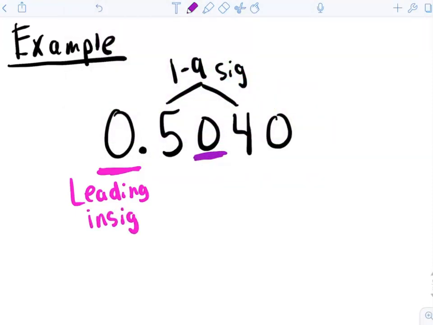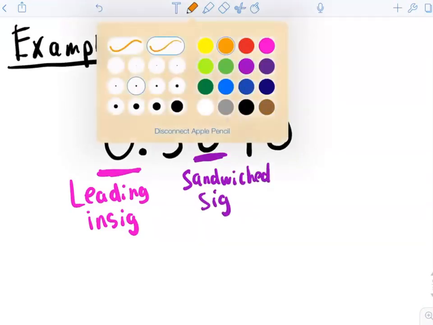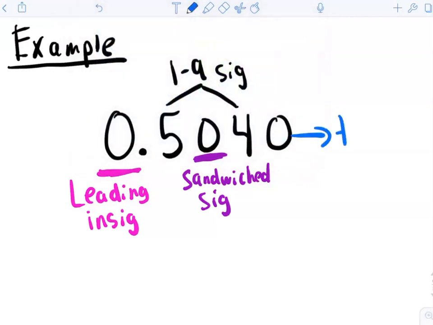This 0 right here has a 1 through 9 on the right and the left, so it is sandwiched. So it is significant. And then this last one it is trailing because it's coming after a 1 through 9 number. And what do we mean by after is it's directly after it. It's the digit right beside of it. Now, we got to figure out, do we have a decimal?